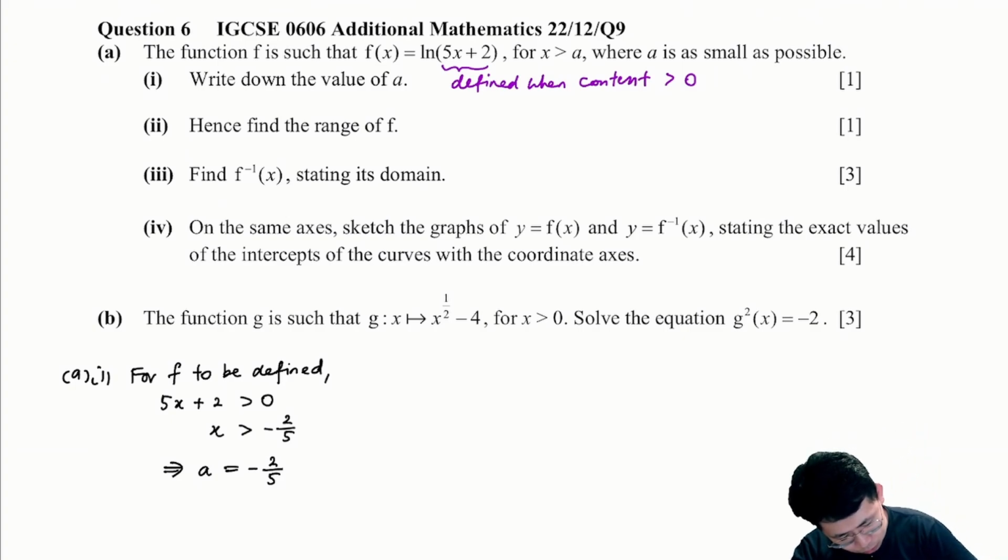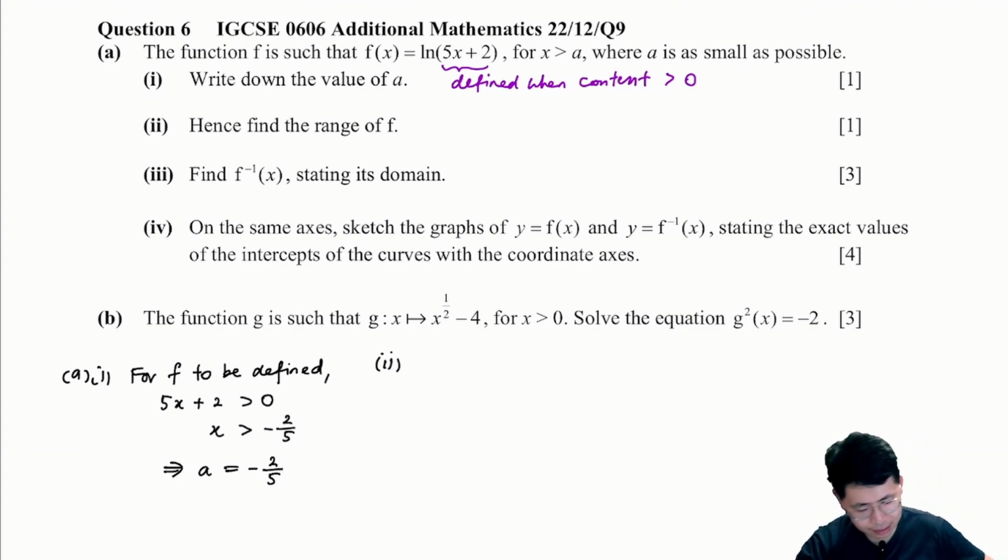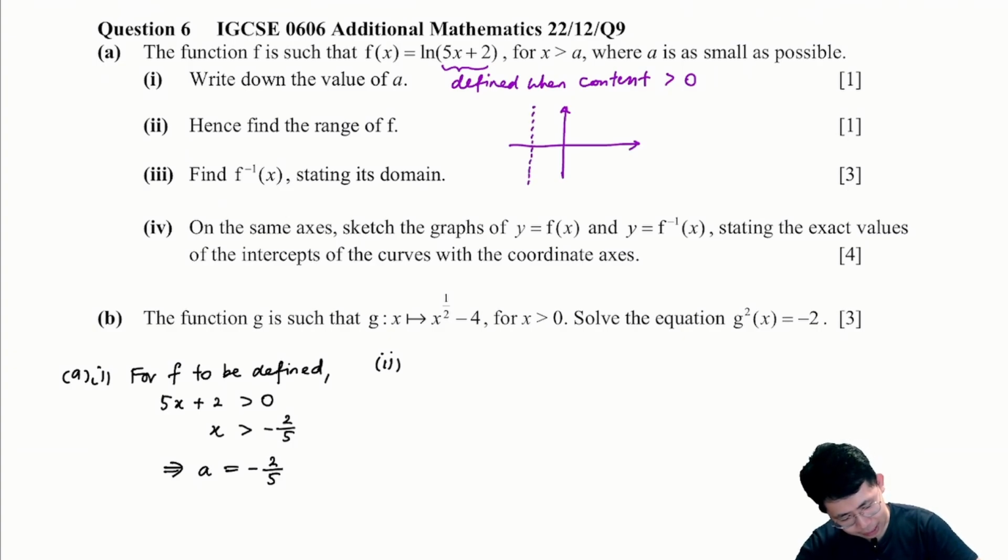Okay, part 2. Hence, find the range of f. So this one over here, we need to remember the graph of ln. For an ln graph, the general shape is going to be like this. Okay, so we have an asymptote over here at x equals negative 2 over 5.